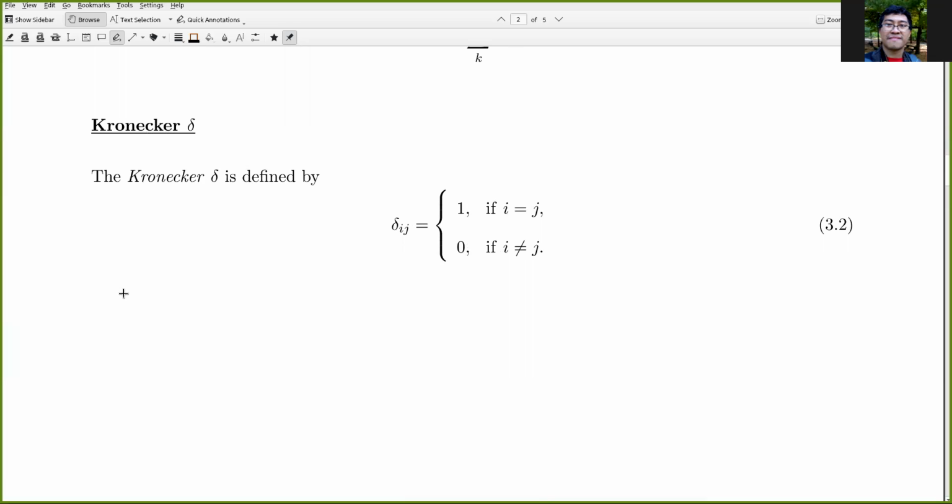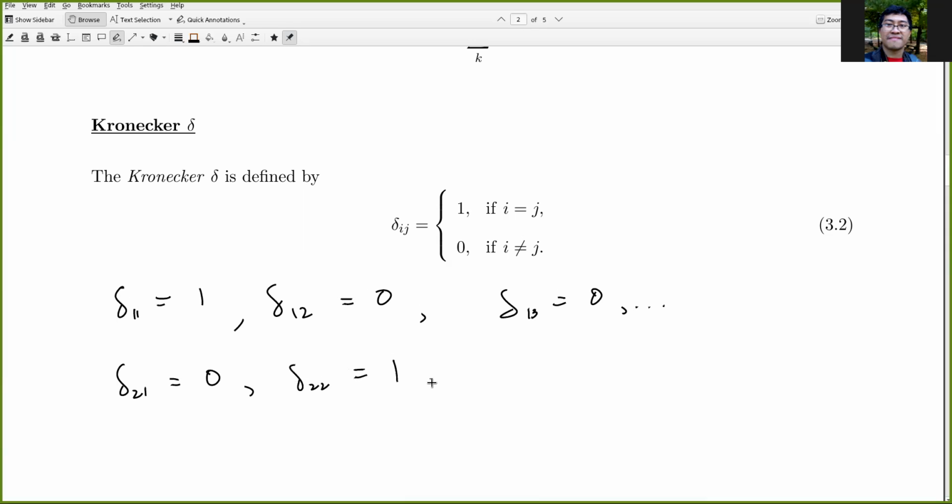For example, the Kronecker delta with indices 1 1 is equal to 1, but the 1 2 component would be 0, 1 3 would be 0, and so on. Similarly, if you have 2 1, that's 0, but if you have 2 2, that would be 1. And delta 2 3 would be 0, and so on.